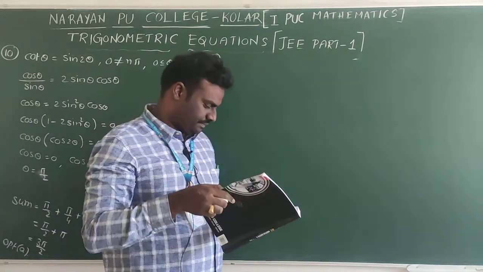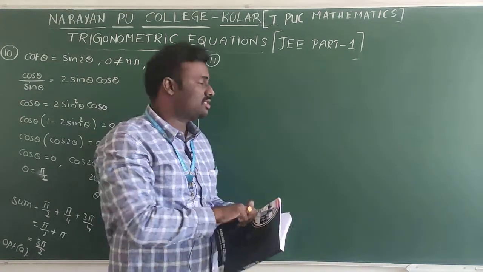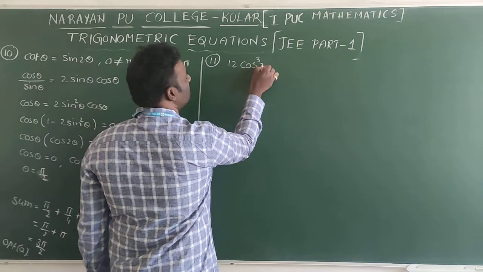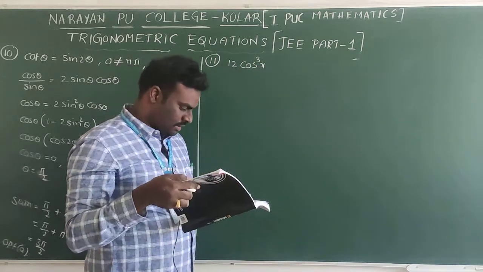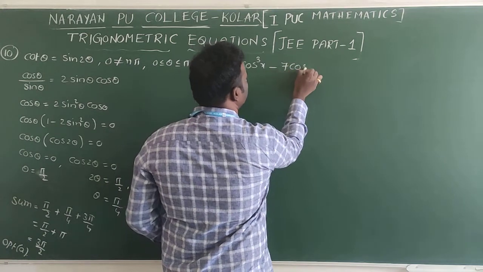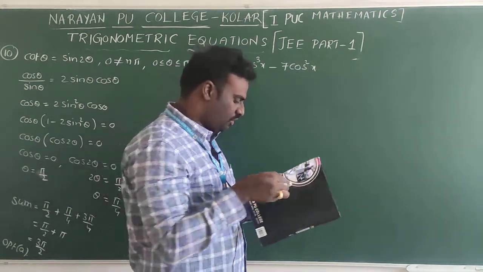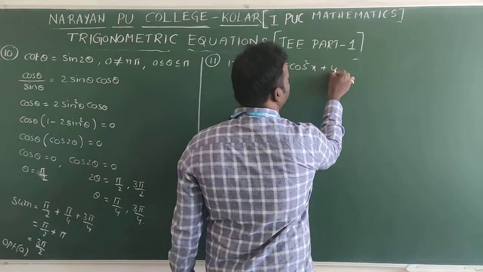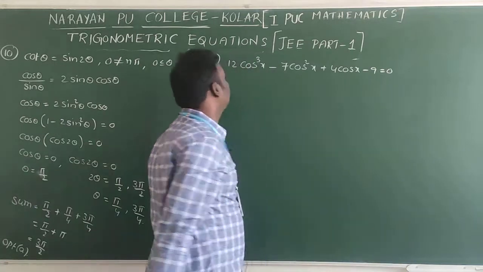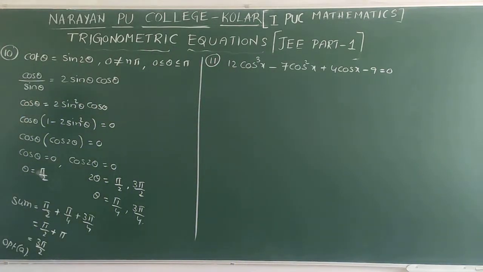11th question. The number of solutions of the equation 12 cos cube x minus 7 cos square x plus 4 cos x minus 9 equals to 0. See here, it is not a quadratic equation, it is a cubic equation.